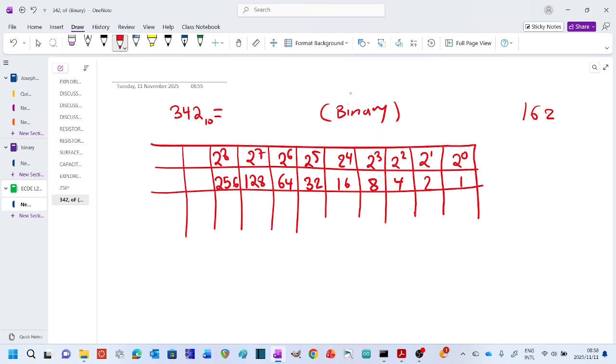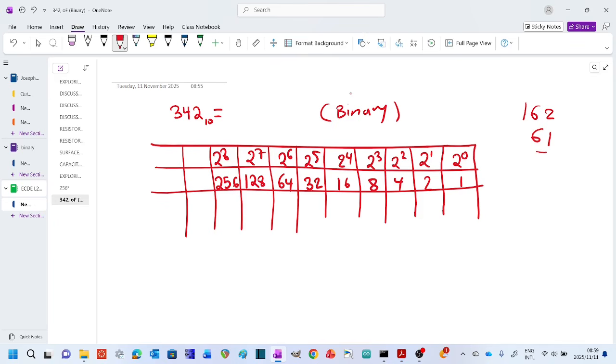If the number I wanted to convert is 61, the smallest and closest number to 61 is 32, 2 to the power 5. So I will have to stop at 2 to the power 5. I'm giving all these examples so you know when to stop. I will stop at 2 to the power 5 because if I go to 2 to the power 6, the answer is 64, and 64 is bigger than this number.